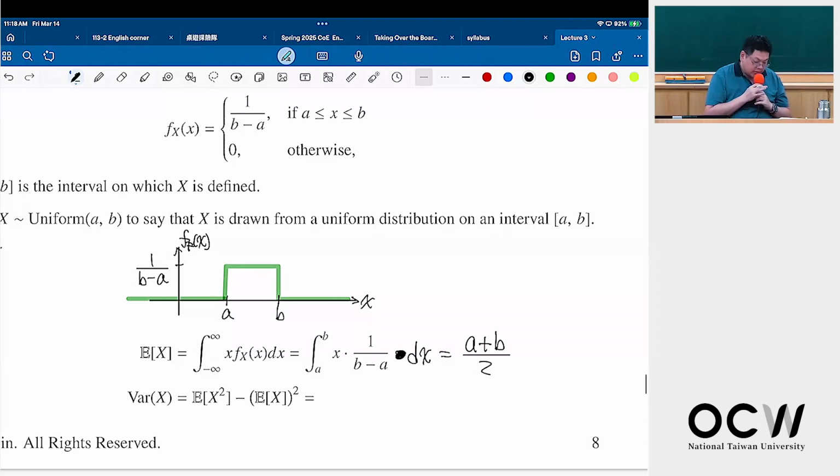And the variance will be (b minus a) squared divided by 12. You can derive it at home by yourself, but on the exam, I will also provide you the tables of common discrete random variables and continuous random variables, with their PDF, PMF, expectation and variance.